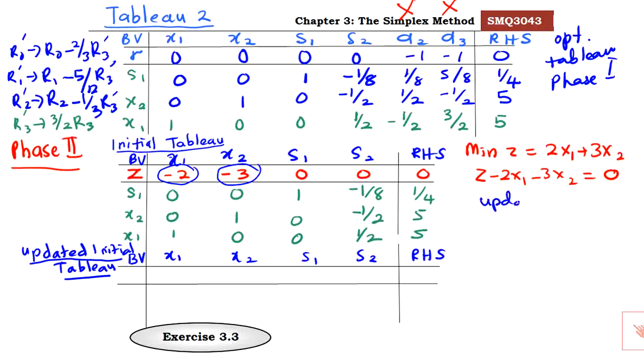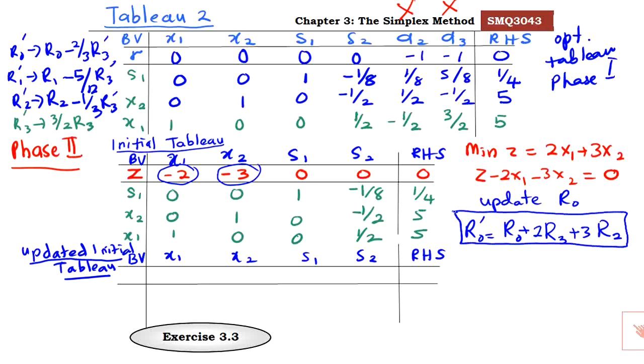So update row 0, and the formula is row 0 new equals row 0, plus 2 times x1 in row 3, and 3 times x2 in row 2. So here -2, so positive 2, -3, so positive 3. So we use this formula to update this Tableau.